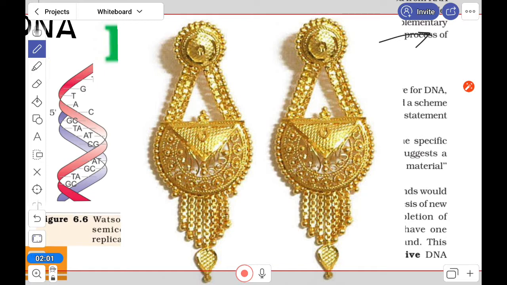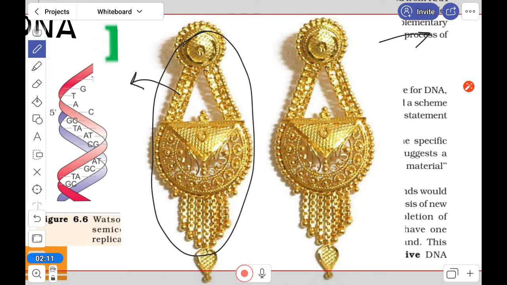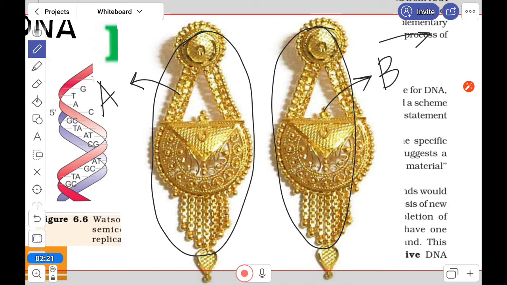But suppose we do something else. If I give one ring of the pair to goldsmith A and the other to goldsmith B, then goldsmith A, by looking at his design, will make another one, and goldsmith B, also looking at his ring, will make the exact copy.